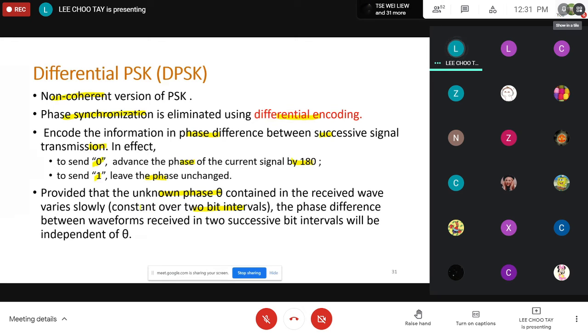Otherwise, this can be maintained easily. With the phase error between the 2-bit interval very small, the phase difference between the 2 bits will be a true representation of the actual phase difference, so it will be independent of theta.